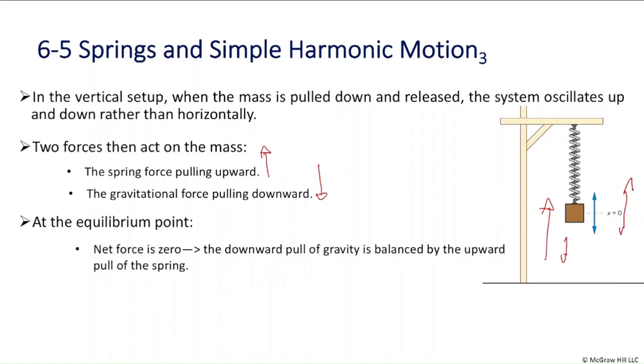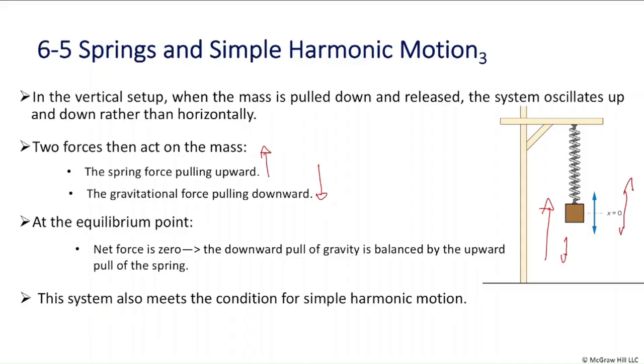And that's the difference between horizontal and vertical spring. Gravity is involved in the vertical spring system. It is not just the elastic potential energy; we have to consider the gravitational potential energy in the vertical spring system. And this system is also an example of simple harmonic motion, where the potential energy and the kinetic energy change repeatedly.